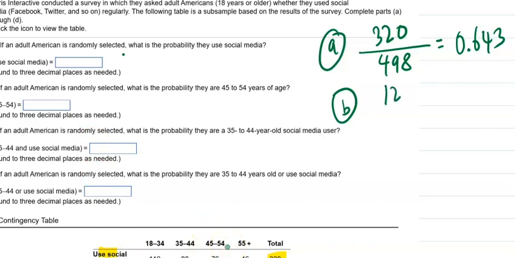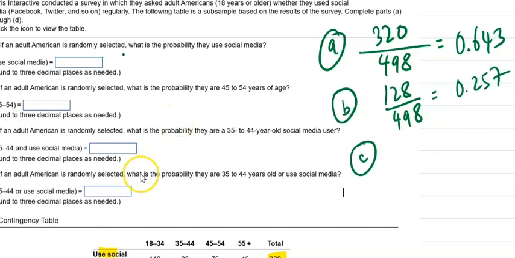So I'm going to put 125 out of how many people on the survey? 498. Remember that the total number of people on the survey is always in the denominator to find the probability. If you divide this and round it to 3 decimal places, you get 0.257.